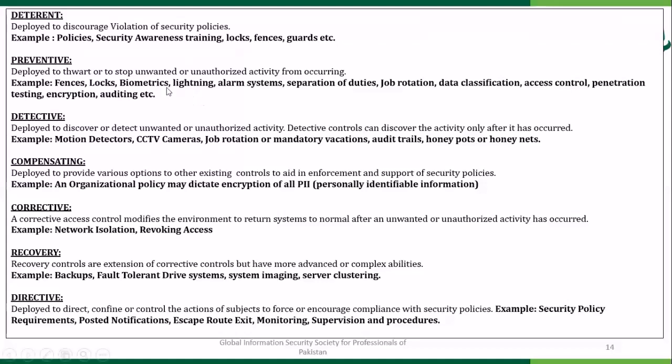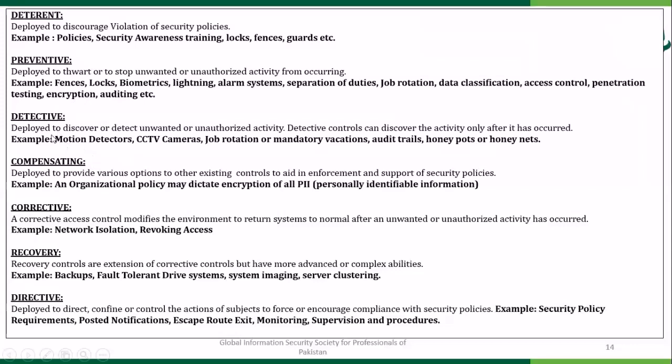Biometrics are meant to prevent any kind of abuse of your passwords, again supplementing a certain control. This is often seen as part of multi-factor authentication. Then you have your job rotation, again part of your administrative controls, but falling under the preventive category. Data classification, again, your administrative controls.